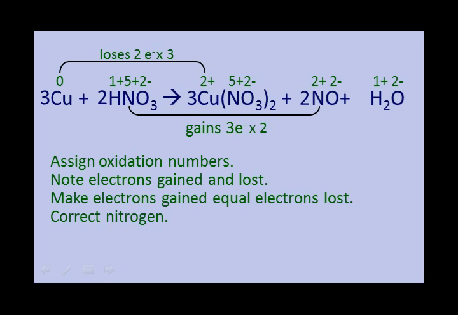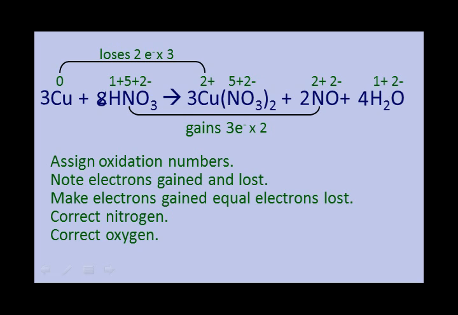So how many nitrogens do you have total? You've got 2 on the left, and you've got 6, and 2 is 8 on the right. So let's change the 2 on the left in front of nitric acid to 8. Correct oxygen. Oh my goodness, let's see. I have 24 oxygens on the left. I have 3 times 2 is 6 times 3 is 18, 19, 20, 21 on the right.